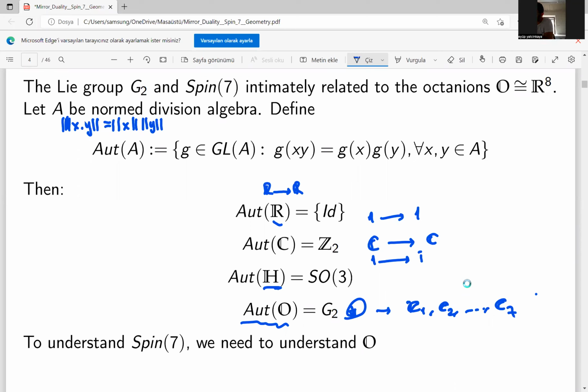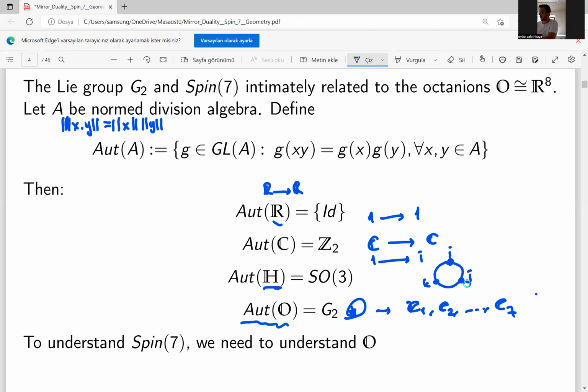So maybe you can remember from the quaternions the kind of multiplication IJK. The same multiplication, I will write a little bit later, is preserved.